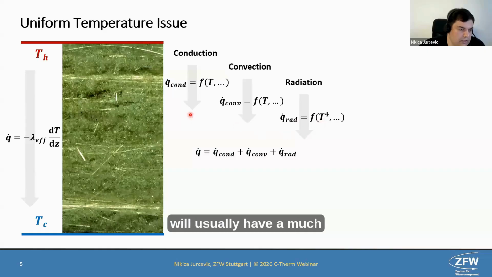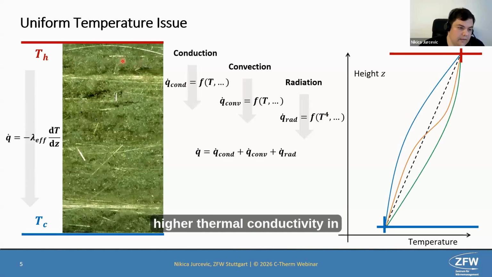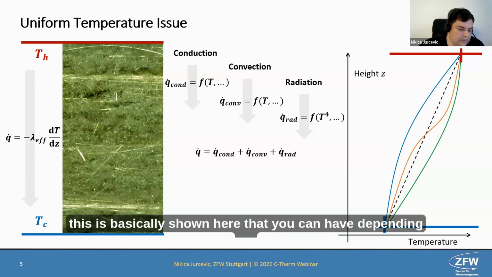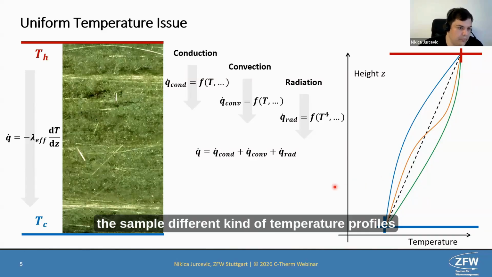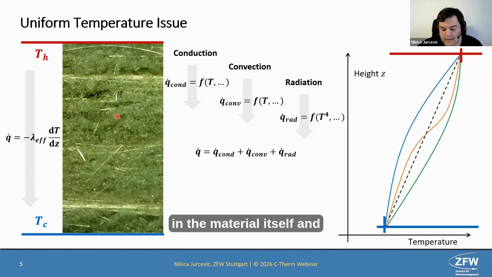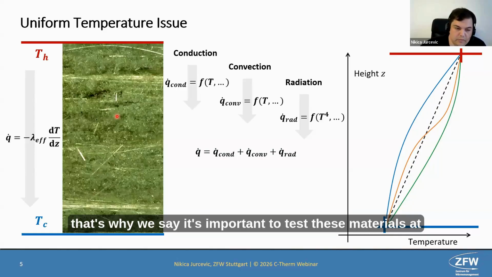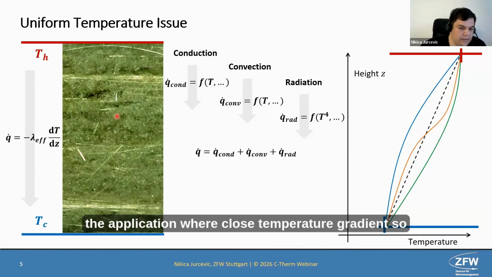So you will usually have a much higher thermal conductivity close to the hot side than in the lower areas. This is shown here: depending on the sample, you can have different temperature profiles in the material itself. And that's why we say it's important to test these materials at the application-close temperature gradient.